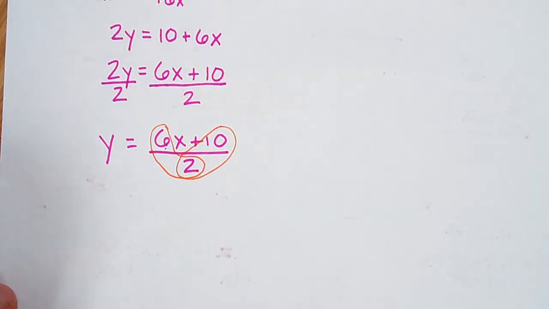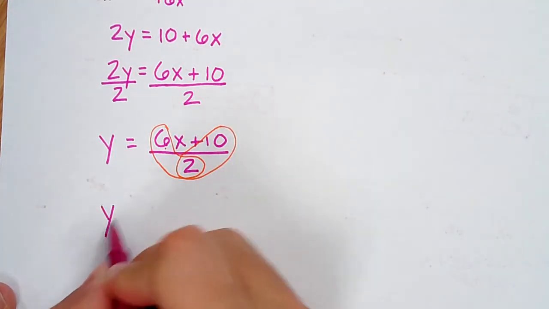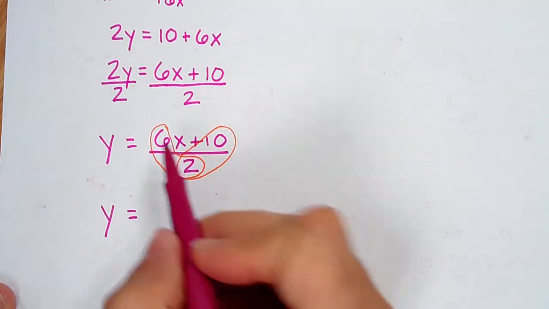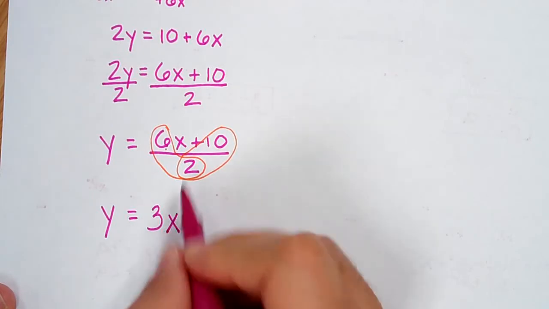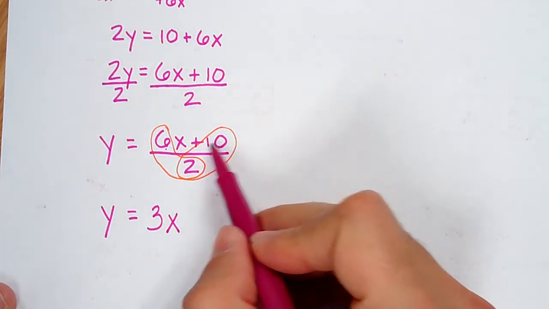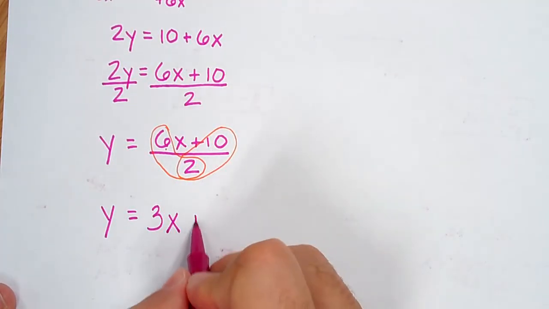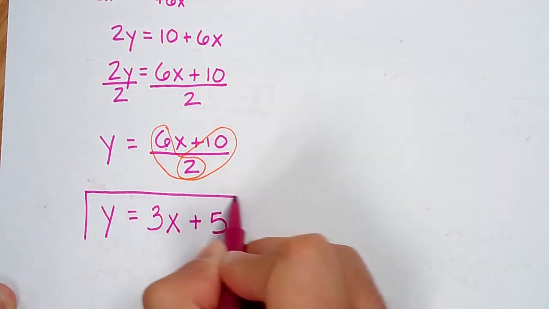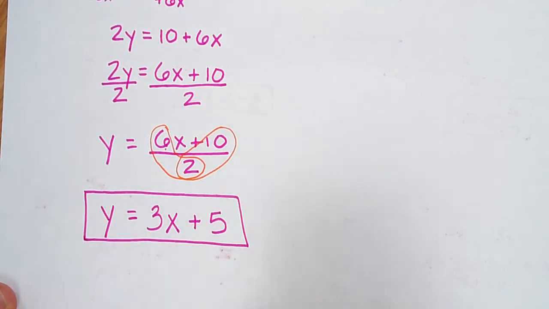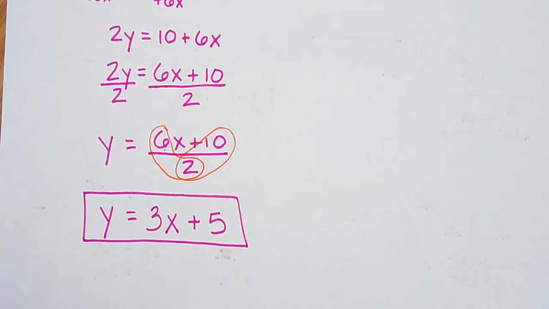So that leaves me with a final result of y equals 6 divided by 2 is 3, and it still has my x. And then 10 divided by 2 is 5, which is positive. So this is as simplified as we can get for our equation equal to y.